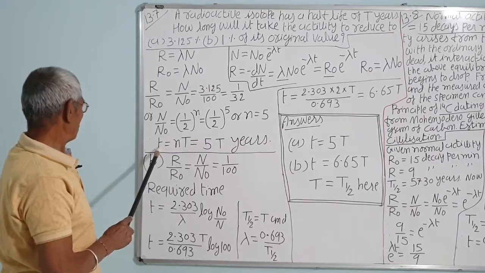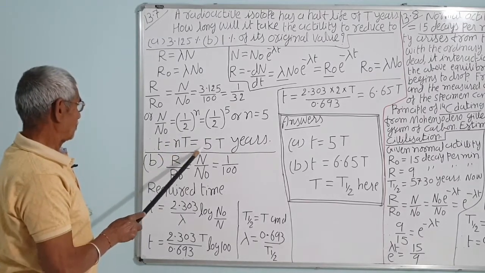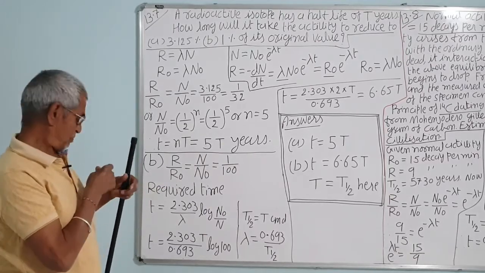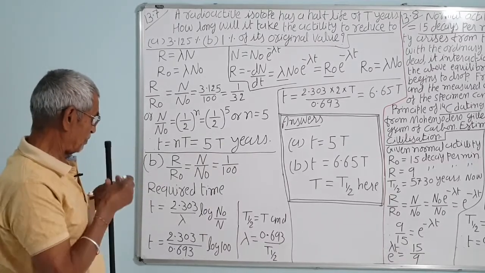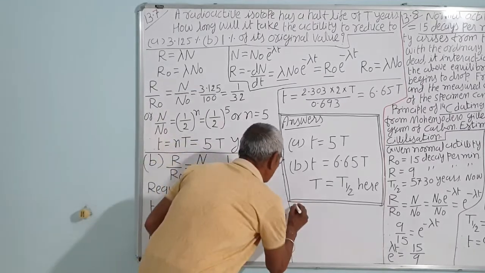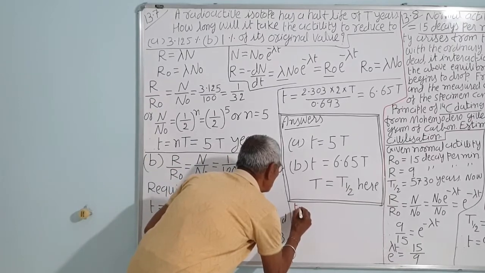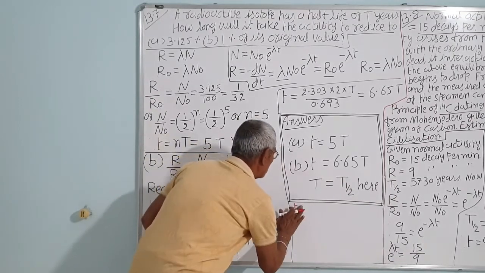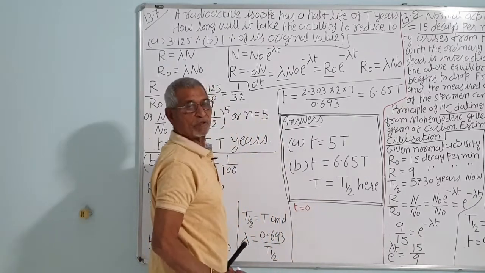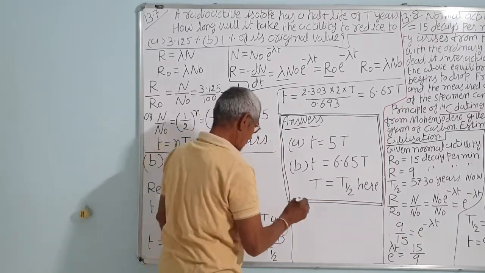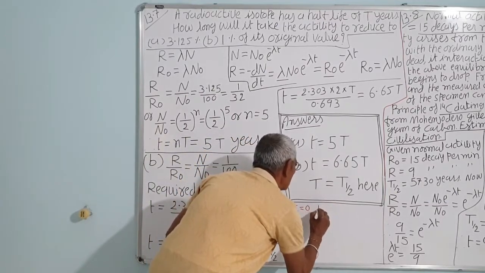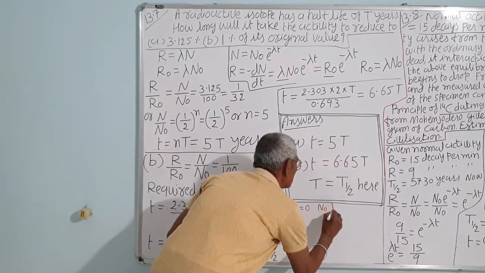So t is equal to n times T, that is 5 half lives. Suppose at time t equal to 0, it was N0 total, or 100%.